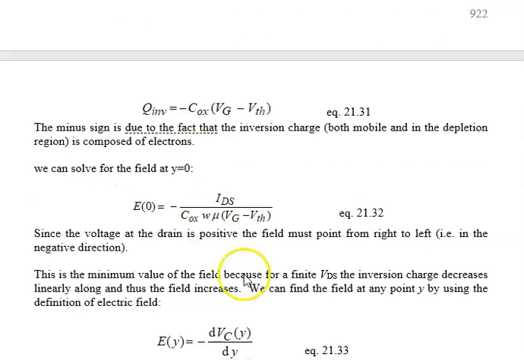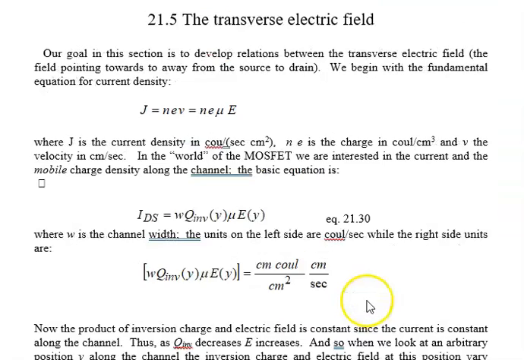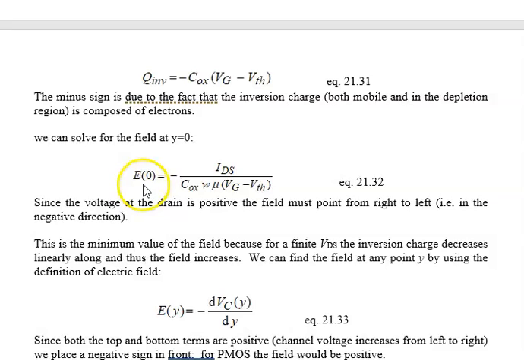Okay, so now just substituting equation 2131 into here, we immediately find the electric field at y equal to 0, which is to say at the source, and here it sits. And again, the minus sign is not terribly important because we know that the electric field is negative. Eventually I'm going to just skip the minus sign and say it's the magnitude.